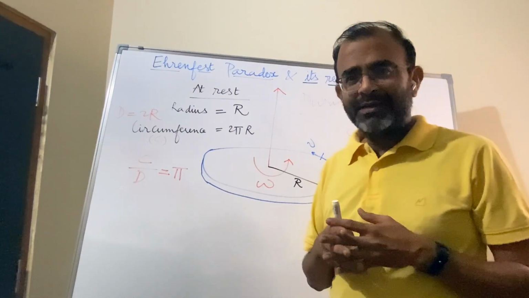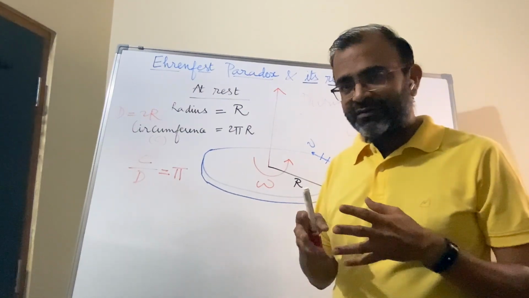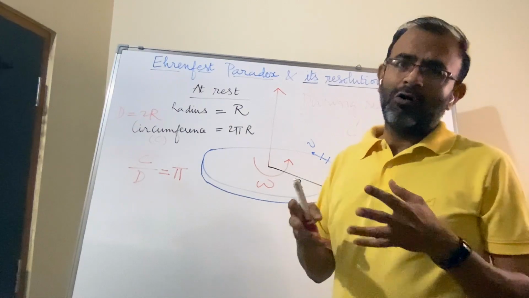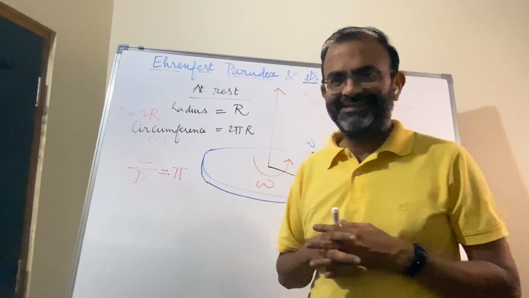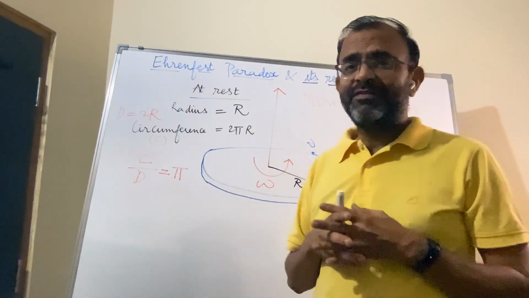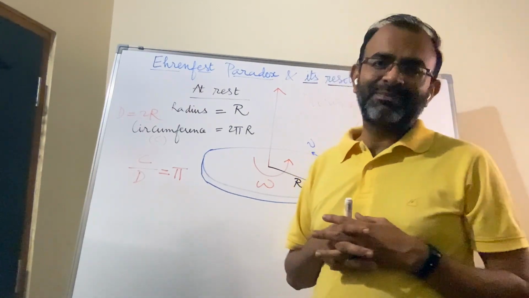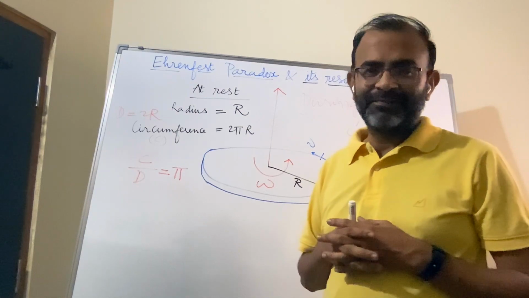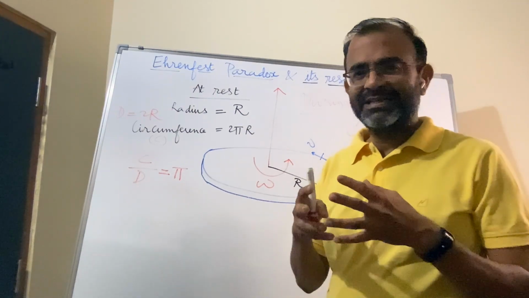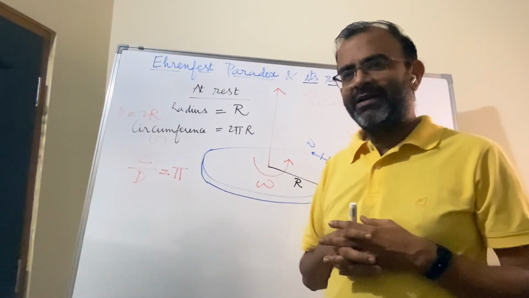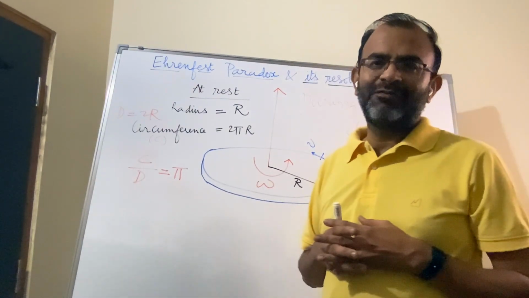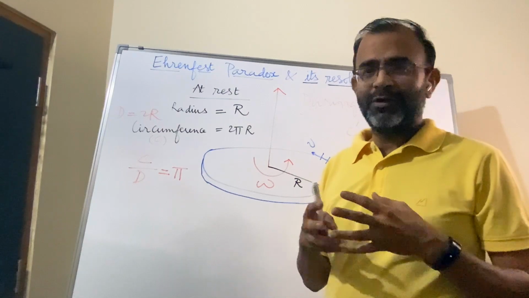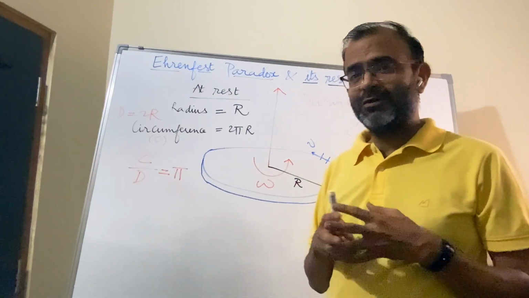So he argued that either our understanding of geometry is wrong, or there could be issues with the special theory of relativity. In fact, Paul Ehrenfest was not an advocate of the special theory of relativity originally. So he wanted to find some issue with the theory, and he of course found an issue in the form of this paradox. So he wanted an explanation or resolution of the paradox.